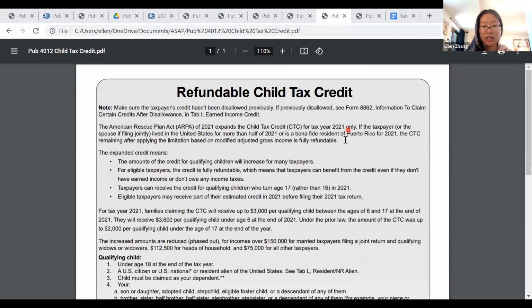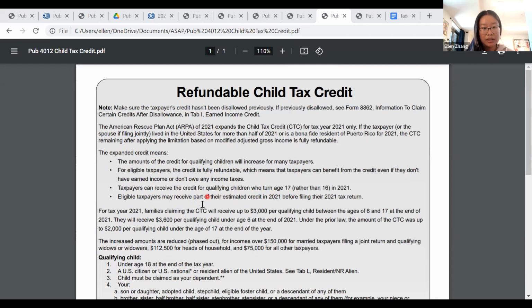This expansion means that the amount of credit has increased. For eligible taxpayers, the credit is now fully refundable. There have been some changes to the age requirement and additional changes to advance payments for the credit that we won't talk about in this session, but they are linked in the resources doc.